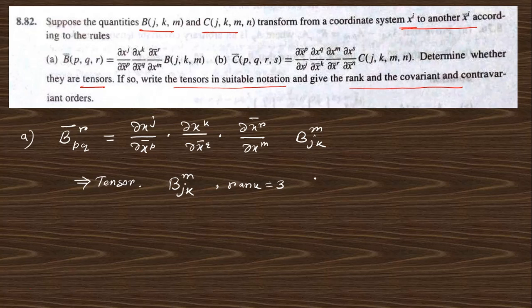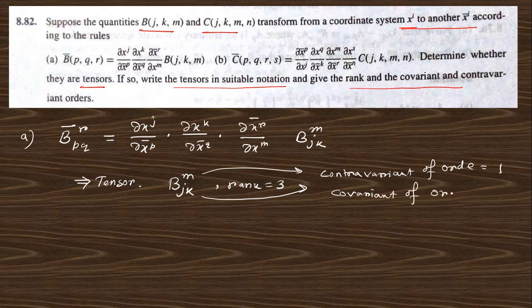There is one contravariant of order 1, and there are two covariant of order 2. Clear?